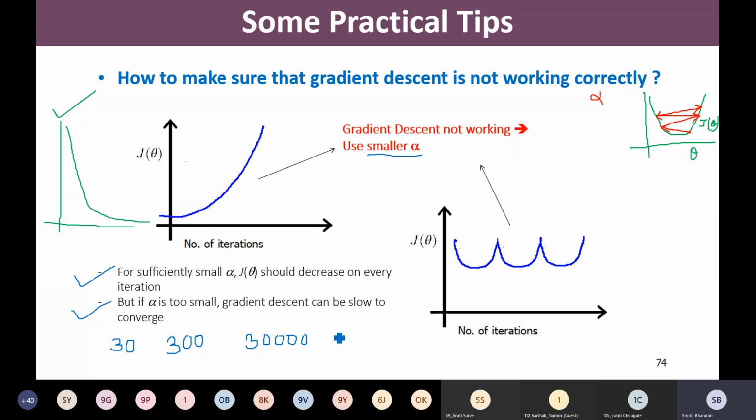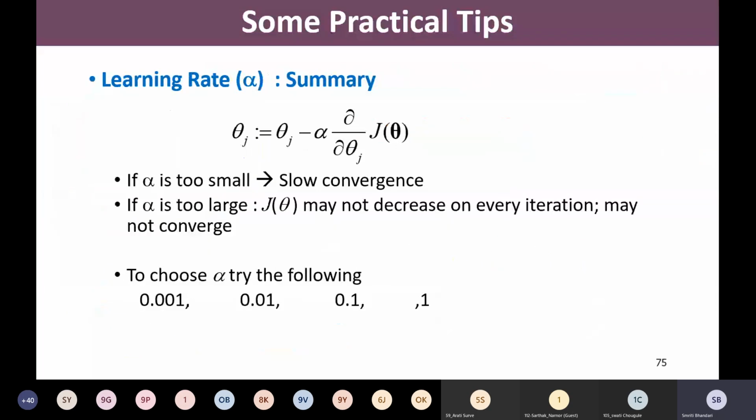If we observe that my g of theta is decreasing, then it is okay. My alpha is a bit larger, but now the number of iterations will be less because I have increased my value of alpha, right? So this is how we need to adjust the value of this learning rate alpha.